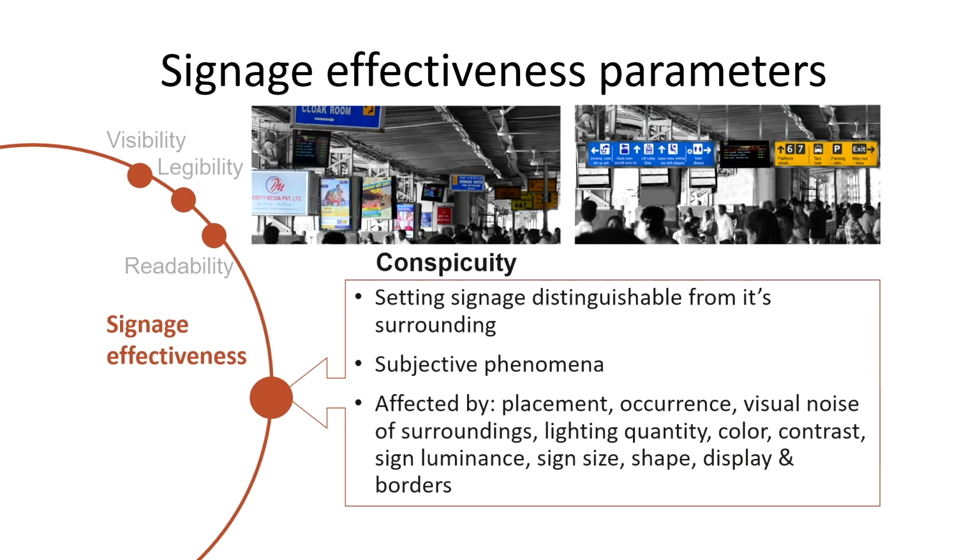Let's take an example. Imagine yourself in a railway station trying to find out which platform your train has to depart from. In a crowded railway station with a lot of distractions, you want the platform sign to be really obvious so that you can spot it right away.